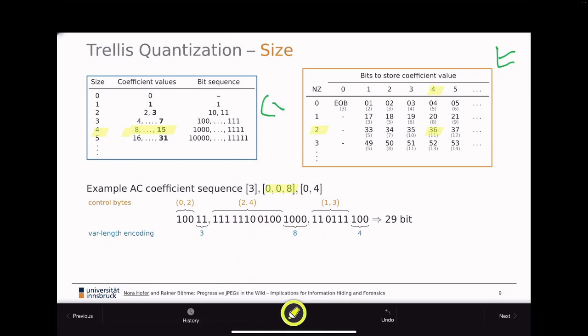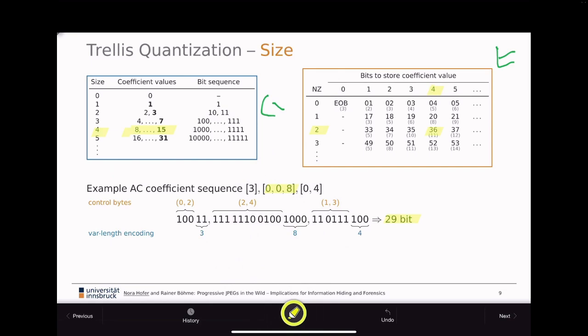Now, what Trellis tries to do is reduce the total number of bits that are needed to encode a bit stream or a sequence of AC coefficients. So what it does is it checks if it can replace the non-zero coefficient values with other coefficient values, with the highest value of every lower size group.